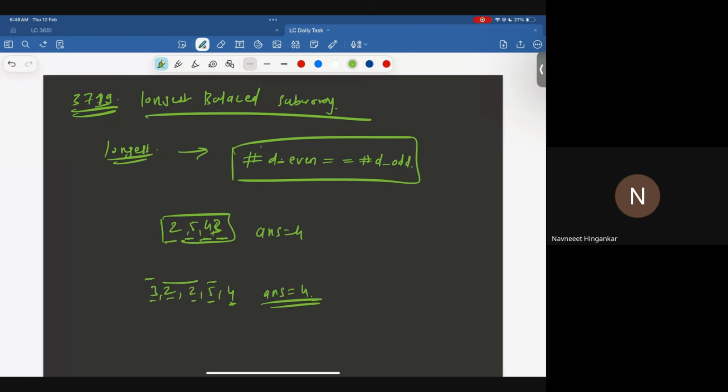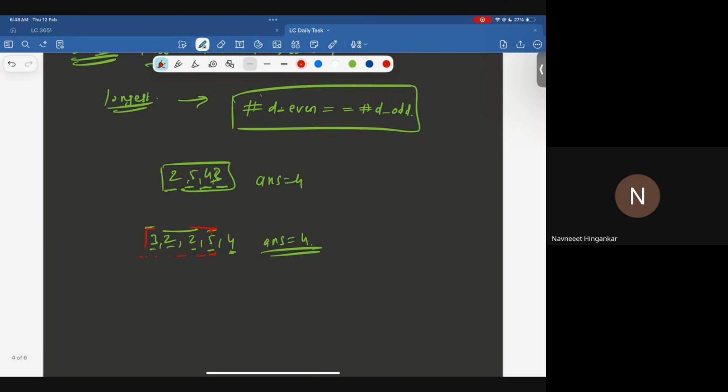Another one: 1 2 3 2. It's again the same, there are odd and even, so the entire array is valid, so answer equal to 4. Wait, sorry, my bad.